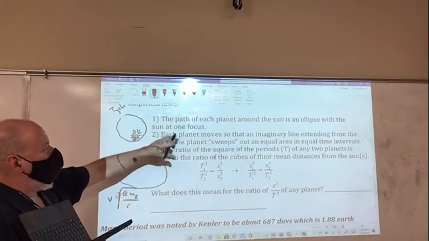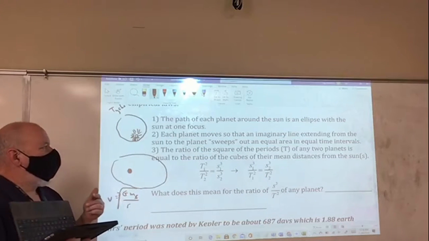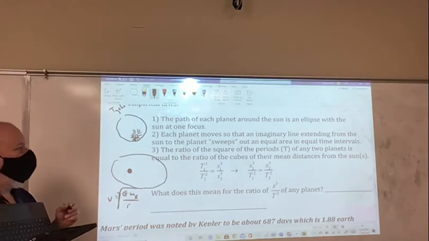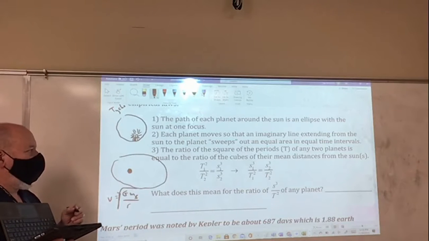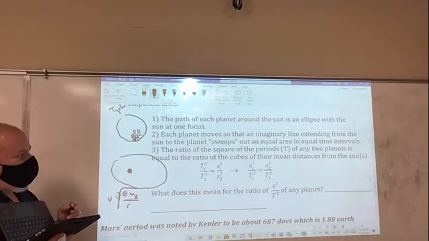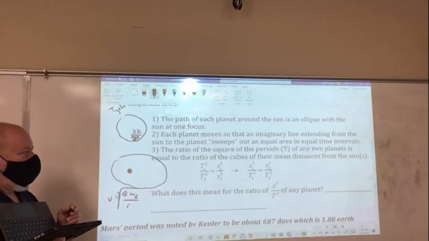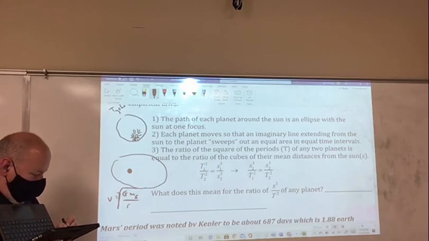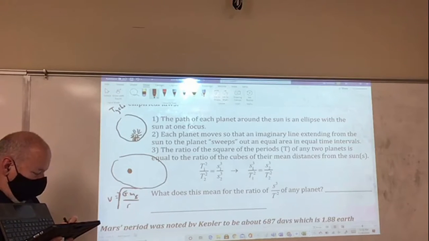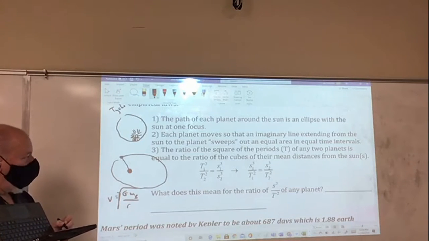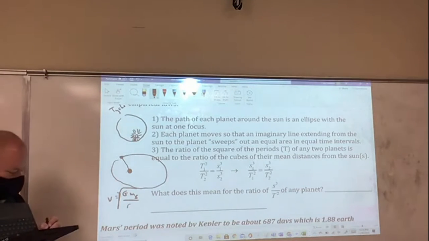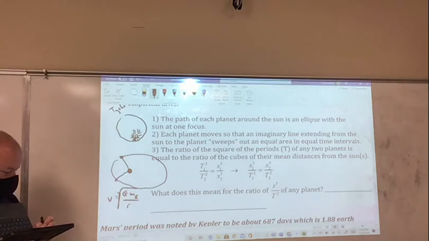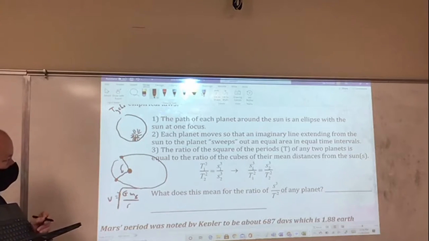Okay, the next thing that they found out was that each planet moves so that an imaginary line extending from the sun to the planet sweeps out an equal area in equal time intervals. So if I am the Earth, and I draw an imaginary line to the Earth here, and I say a month passed between here and here, okay?